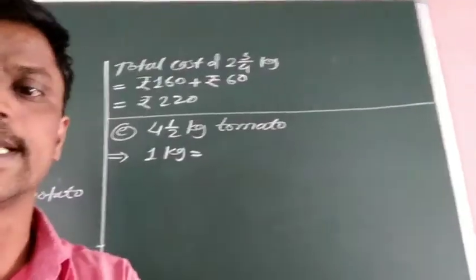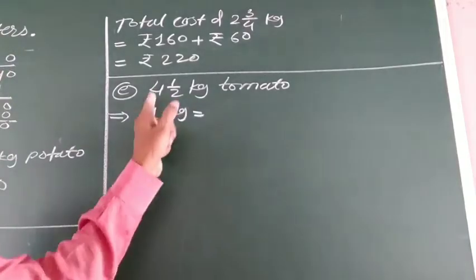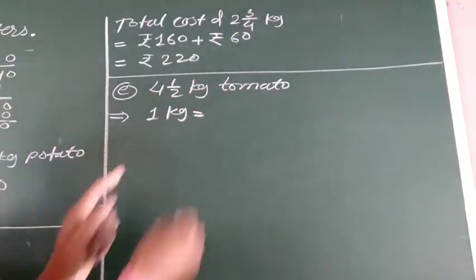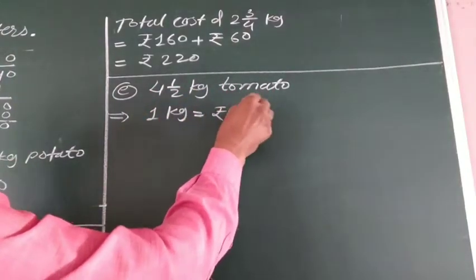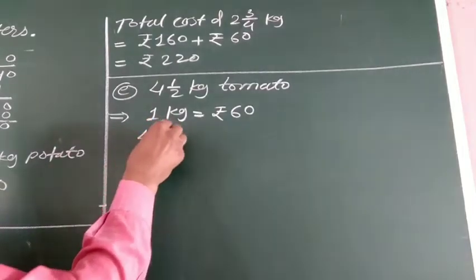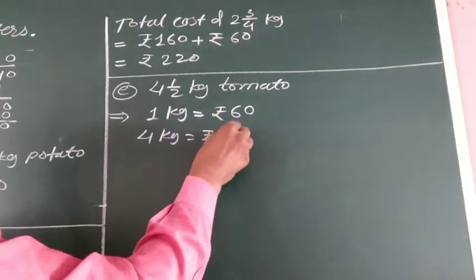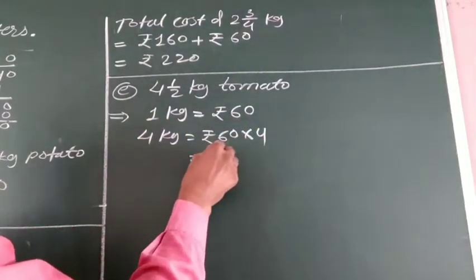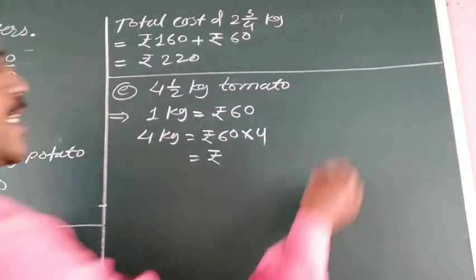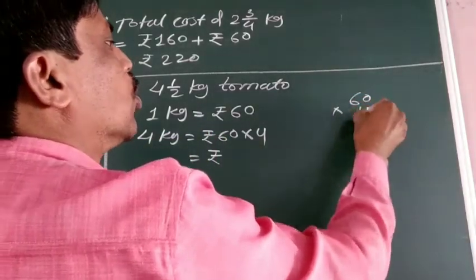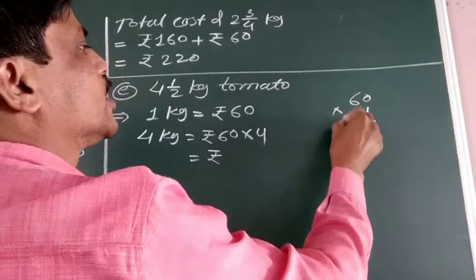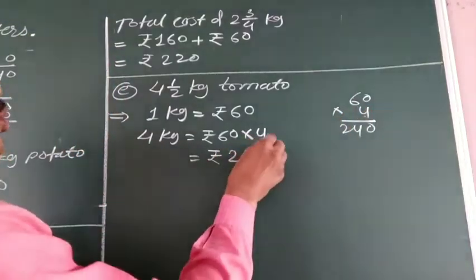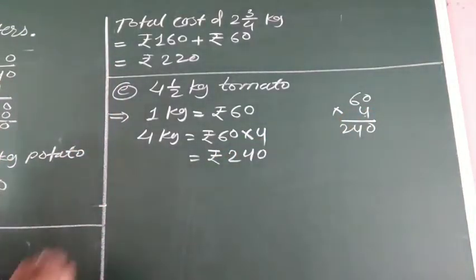So see, 4 kg equal to rupees 60 into 4. 60 into 4, 4 6s are 24. It is rupees 240.